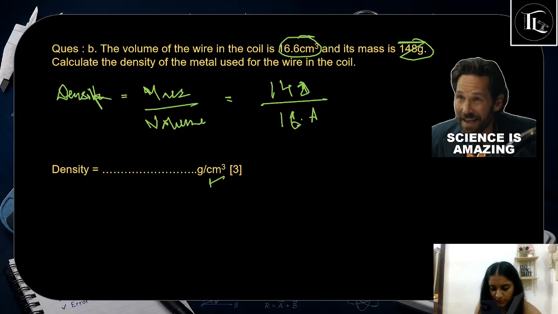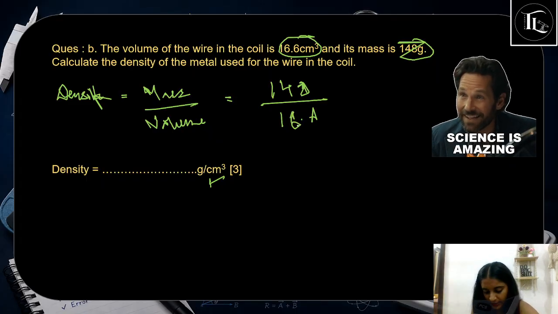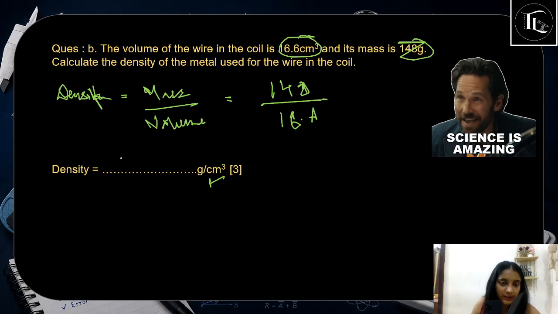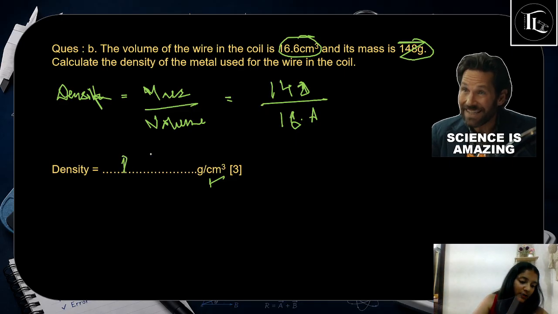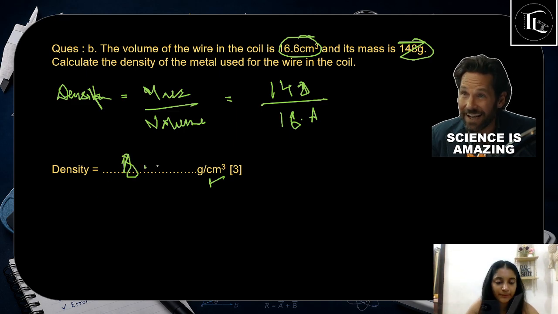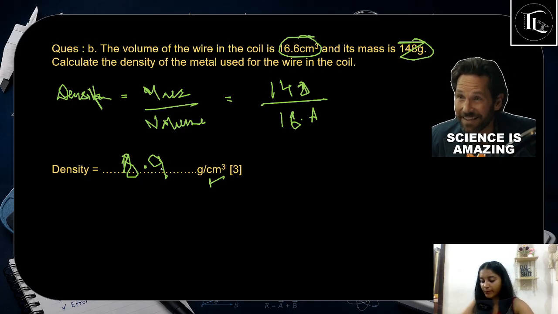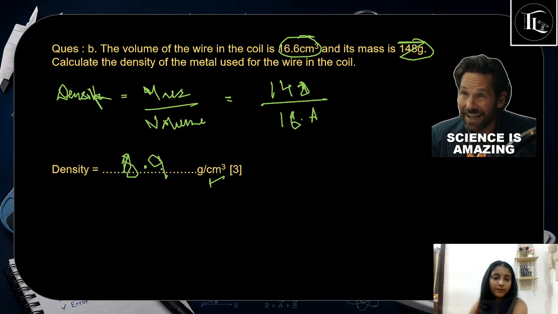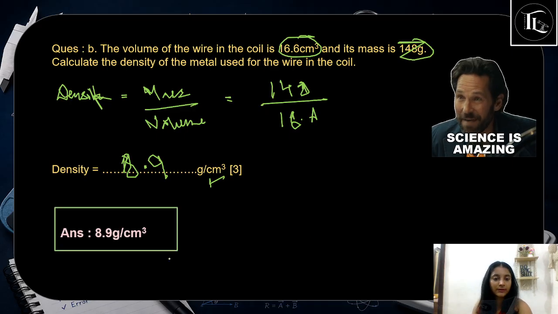Let's just calculate. 148 divided by 16.6. So it comes out to be 8.9 gram per centimeter cube.